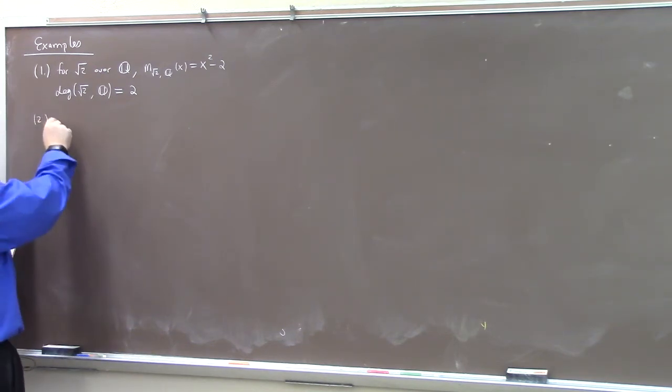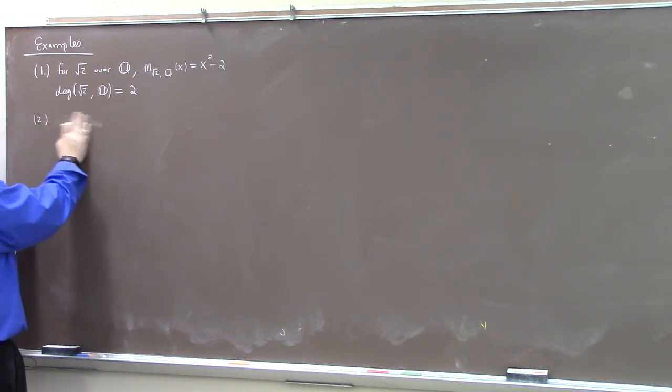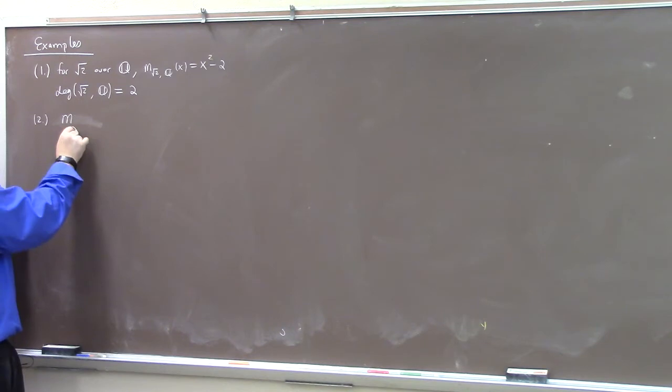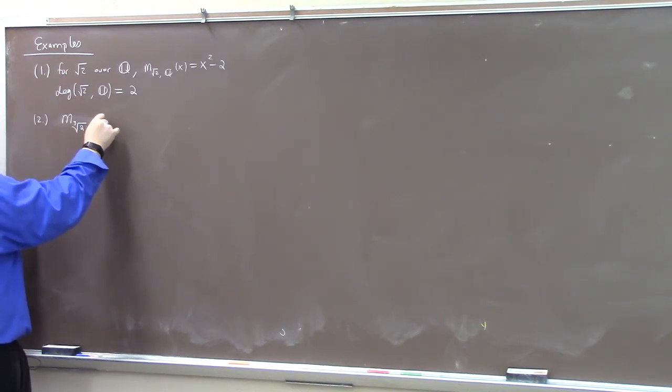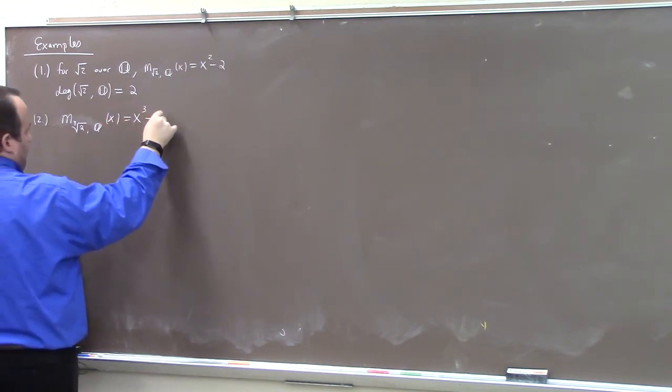The minimal polynomial, well, let me just write it down. M of the, I'll use my notation, cube root of 2 over the rationals is x cubed minus 2 rather.